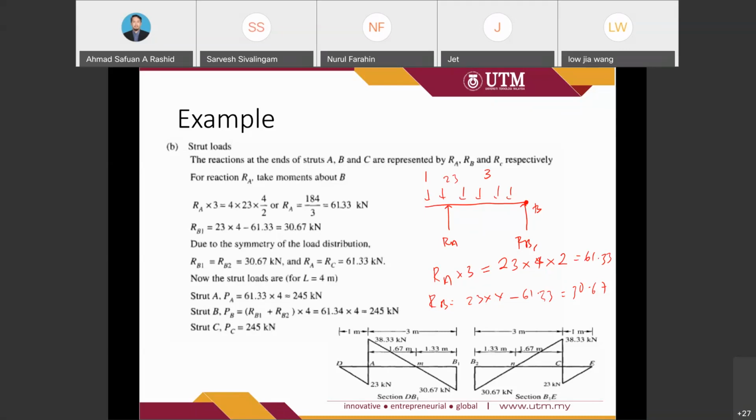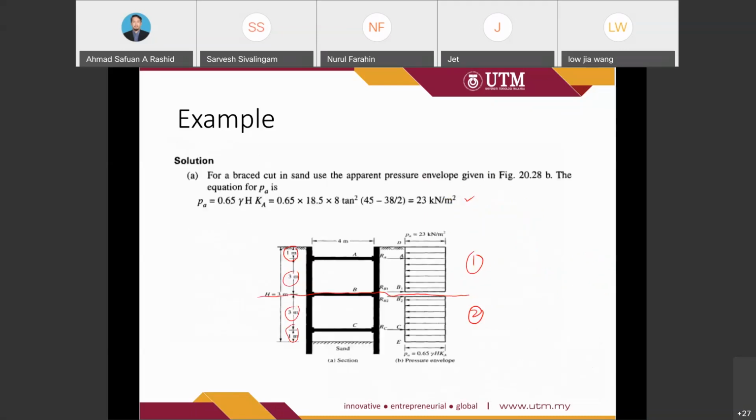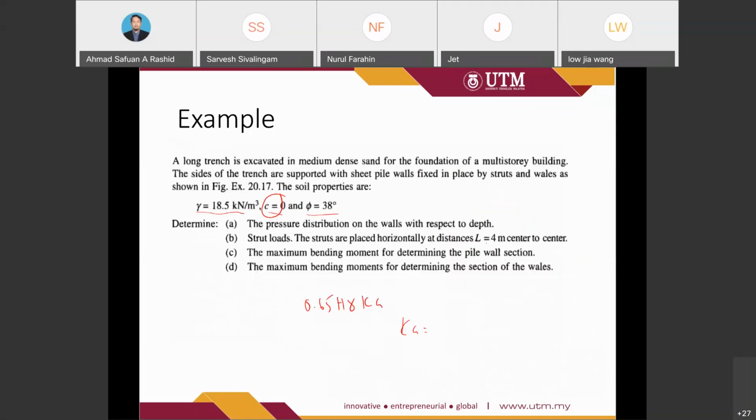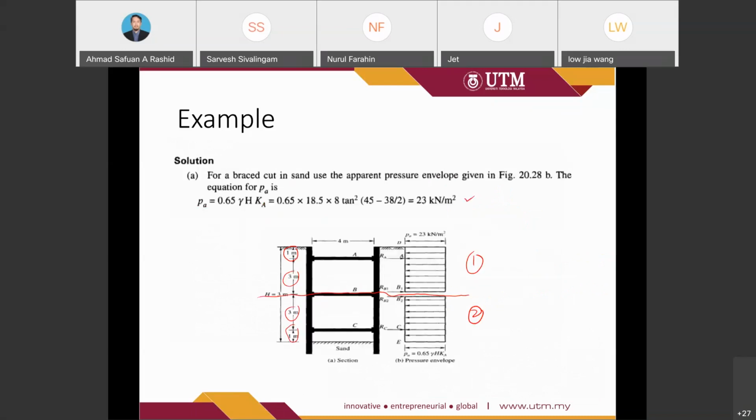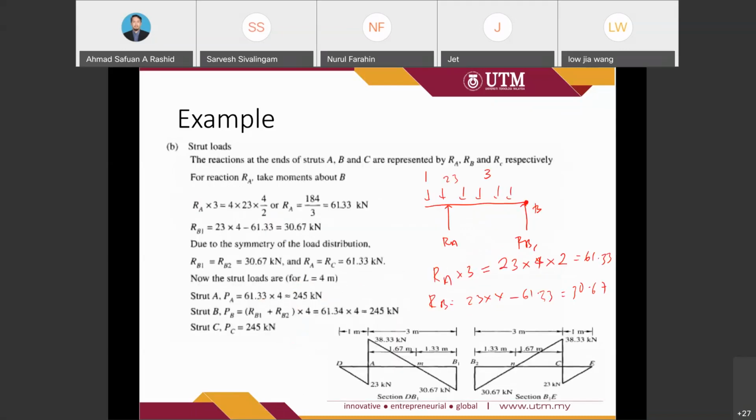So to get the strut loads, it's been provided here. The distance of the strut is 4 meter center to center. Then we may multiply the reaction from RA with 4, then we get 245.